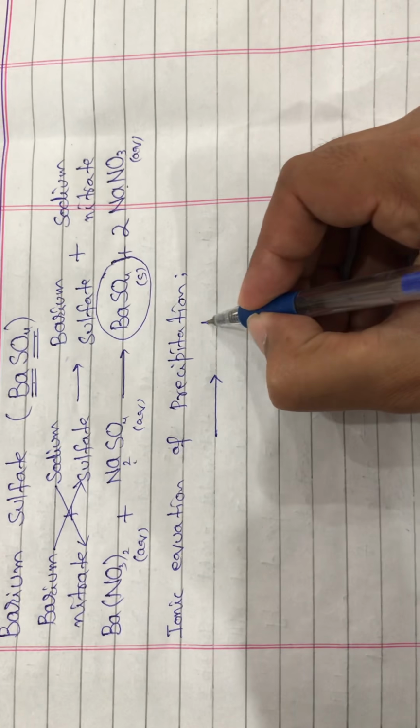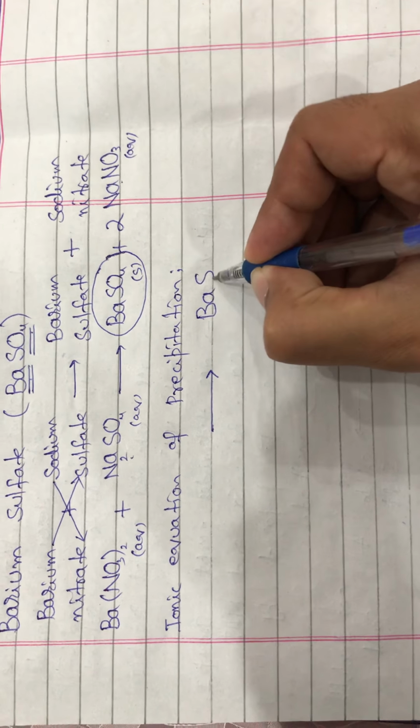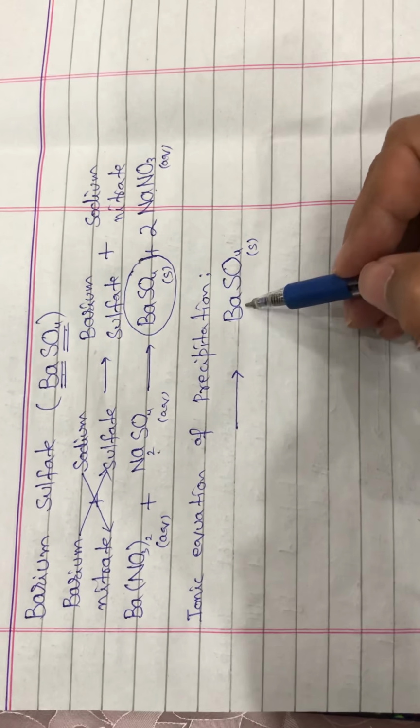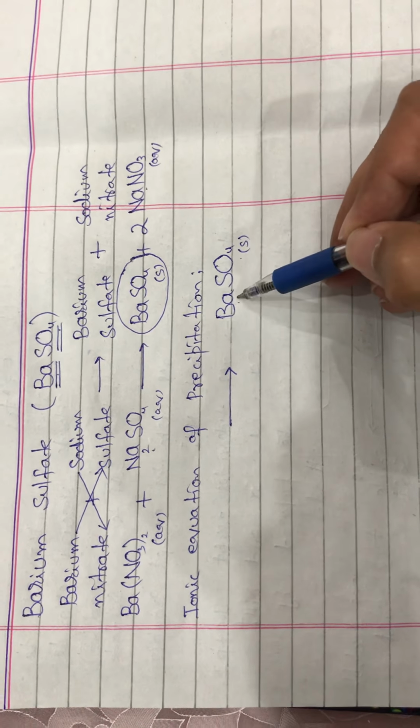I am writing the precipitate on the product side, barium sulfate solid. Now guess what two ions are producing the barium sulfate? Those two ions are the barium ion and the sulfate ion.